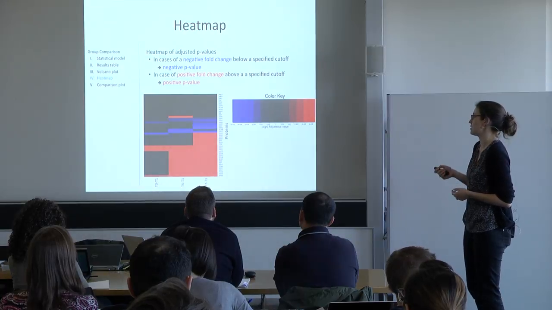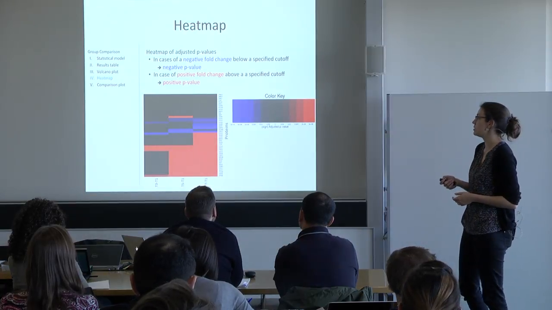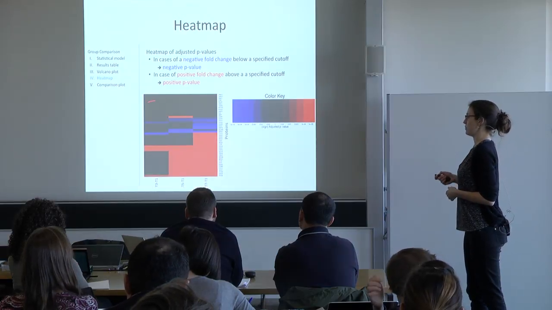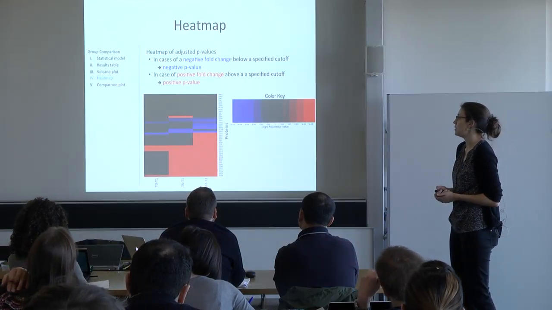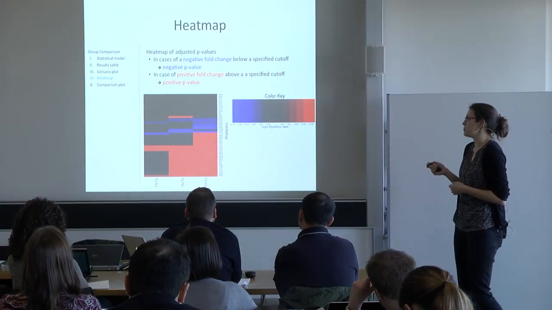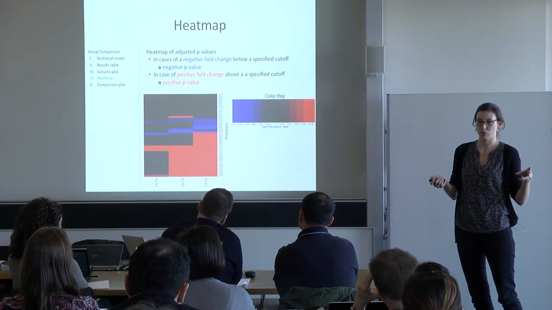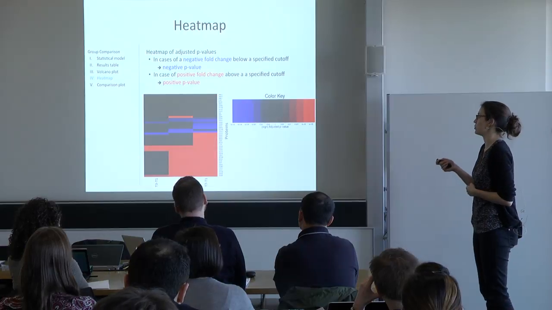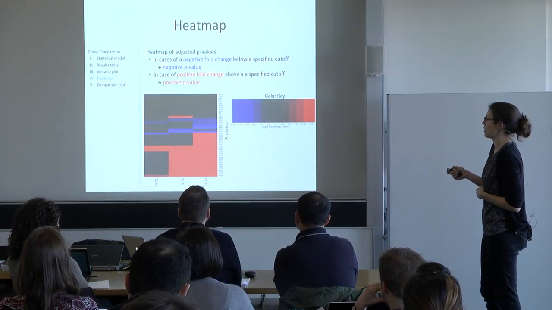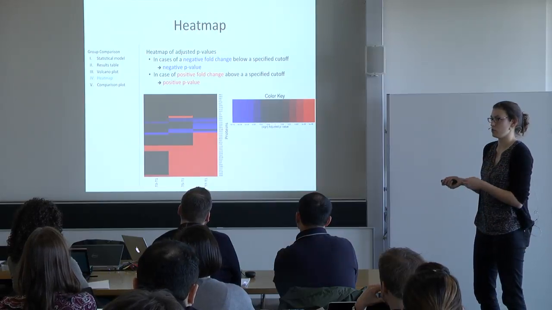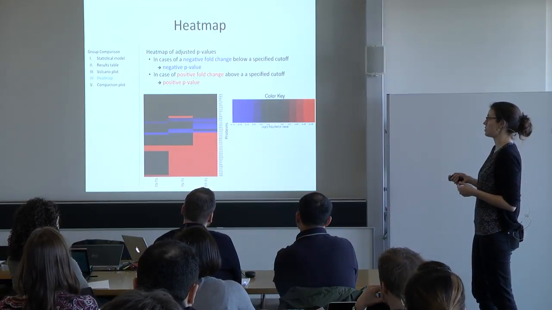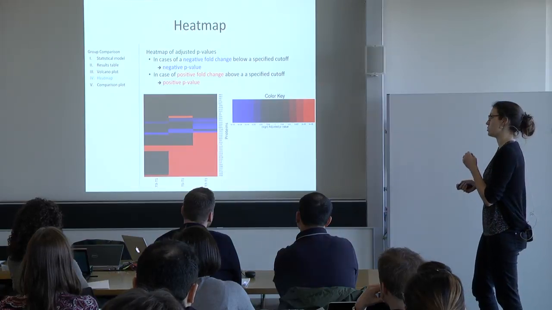So if you have multiple different conditions that you want to compare, MSstats can also provide you a visualization which basically shows you all the different comparisons that you did. So the way this is done is by producing such a heat map, and what is done for this is that the p-value has a specific sign dependent on the log 2-fold change which it has. So for proteins where you have a negative fold change, the p-value gets negative, and where you have a positive fold change, the p-value is positive.